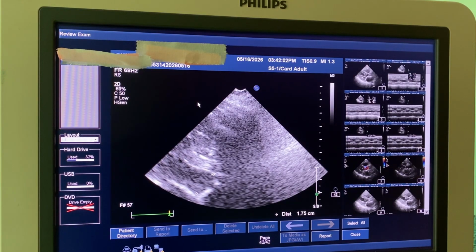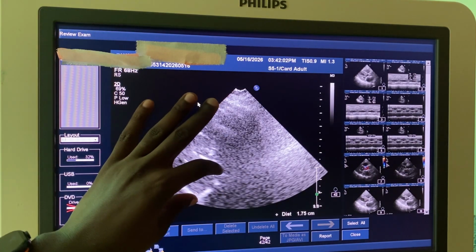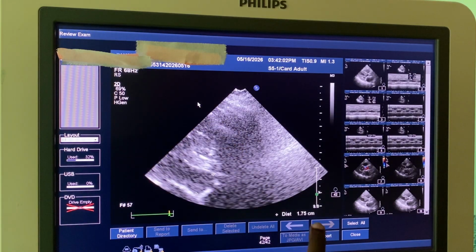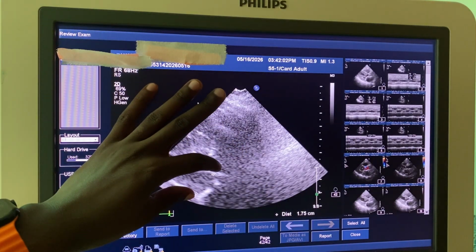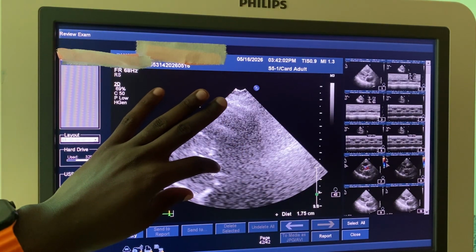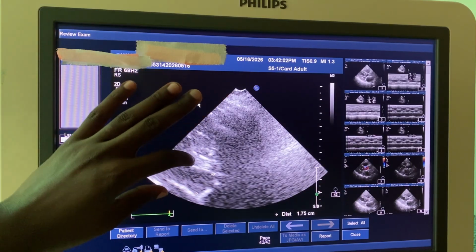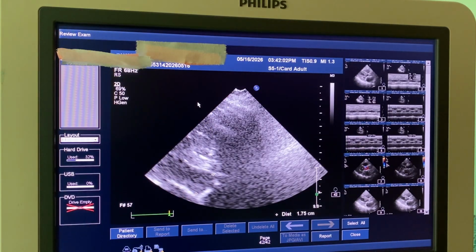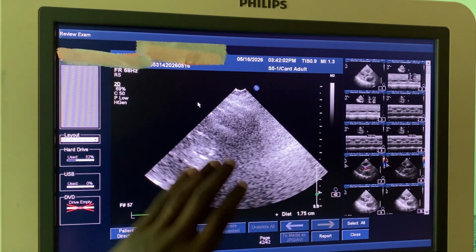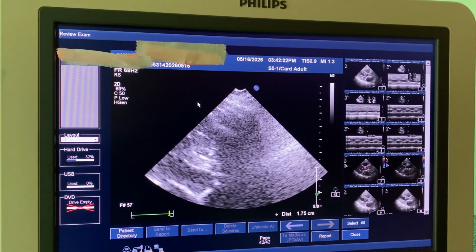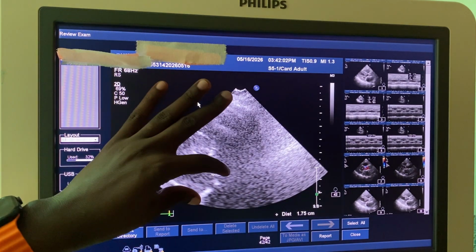Now to get the stroke volume, we must have the area of the LVOT. We have the diameter, we have to get the area. We are trying to get volume, because we are looking at stroke volume. If you have the diameter and you are looking for the area, we assume it is a circle.